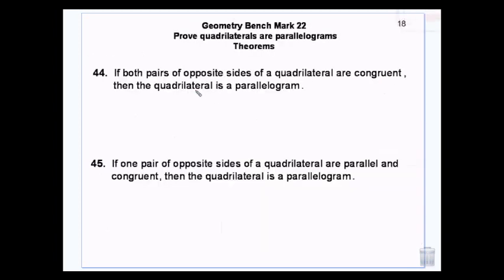If both pairs of opposite sides of a quadrilateral are congruent, then it's a parallelogram. So if I have some random shape and these are congruent and those are congruent, it's a parallelogram.